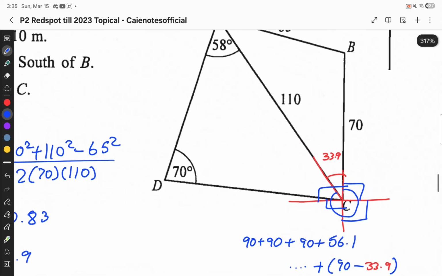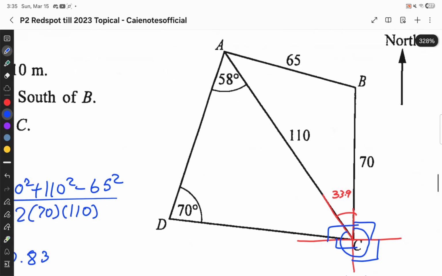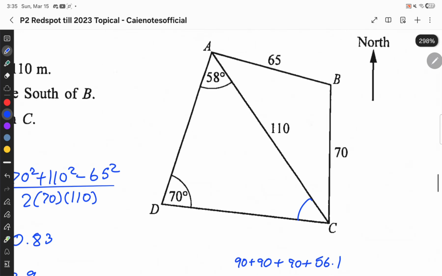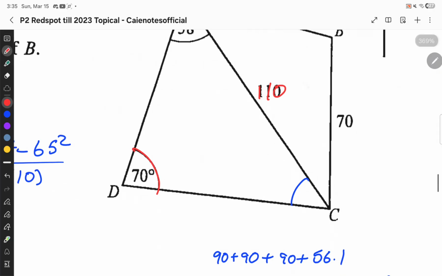Let's quickly do this AD. Now we know, no, we do not know. Yeah, we can complete this angle. Then we use sine rule. Okay, so this is the red 70, 110, and this is the blue.